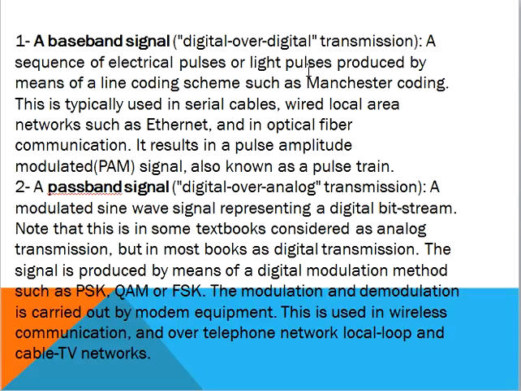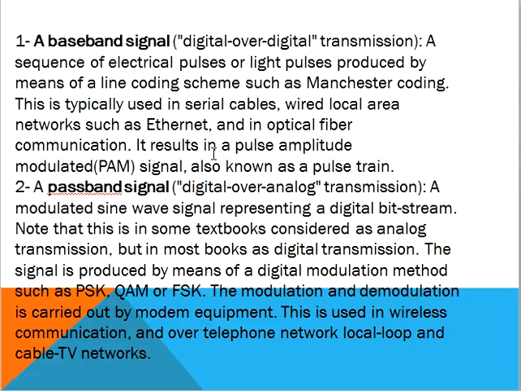A sequence of electrical pulses or light pulses produced by means of a line coding scheme, such as Manchester coding. This typically is used in serial cables, wired local area networks such as Ethernet, and optical fiber communication.